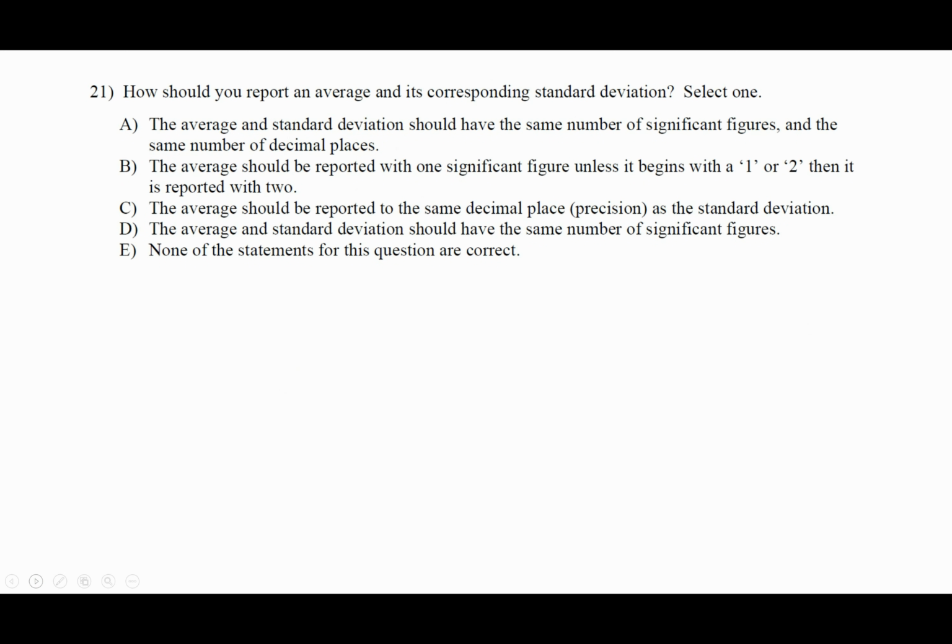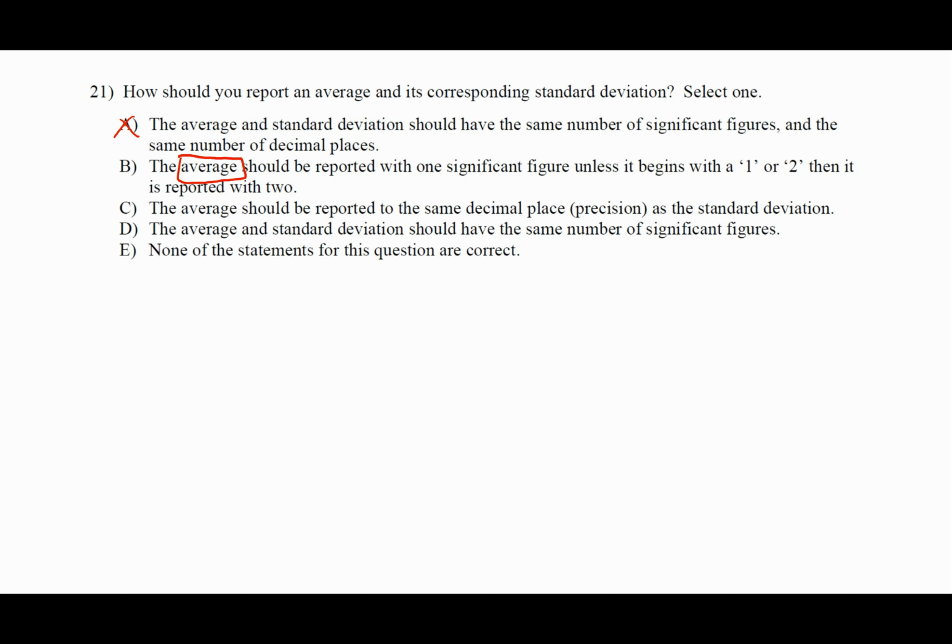How should you report your average and its corresponding standard deviation? Select one. The average and standard deviation should have the same number of significant figures and the same number of decimal places. That's awful. I don't know how I came up with that. The average should be reported with 1 significant figure unless it begins with 1 or 2, then it should be reported with 2. This looks great, but remember, it's the error that should be reported with 1 significant figure.